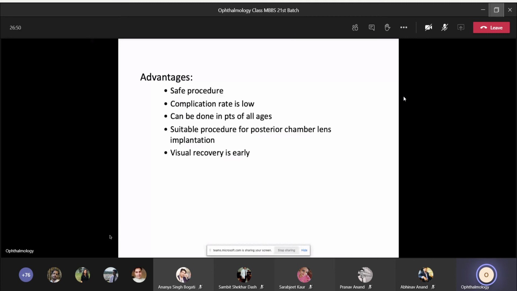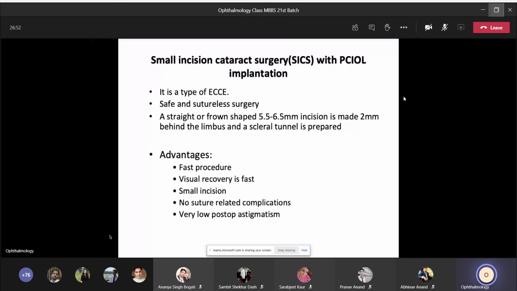Now, within extracapsular cataract extraction, we are going to discuss small incision cataract surgery with posterior chamber intraocular lens implantation, which is a type of extracapsular cataract surgery, as I said earlier. It is a very safe and sutureless technique.